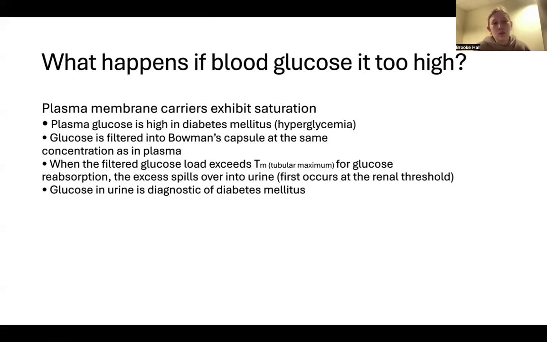When the filtered glucose load exceeds the TM, or tubular maximum, for glucose reabsorption, the excess goes into the urine, and this first occurs at the renal threshold. This is why for diabetes mellitus, glucose in urine is considered a diagnostic trait.